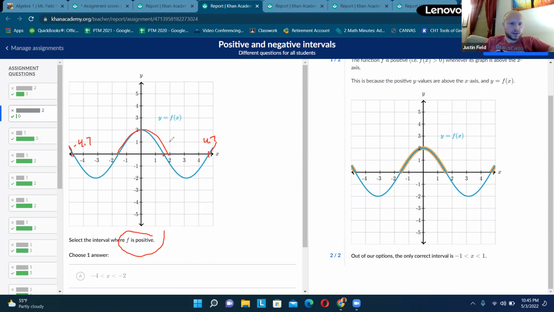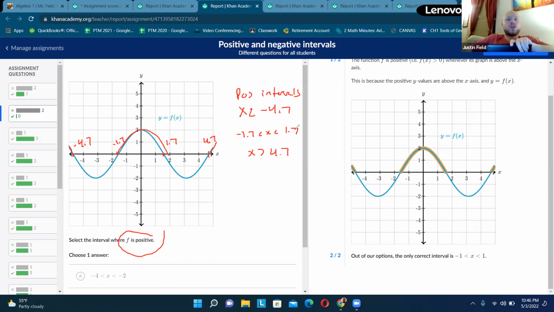And let's say this is 1.7, -1.7. So the full thing would be it's positive, or we can say the positive intervals are when x is less than -4.7, when it's between -1.7 and 1.7, and when x is greater than +4.7.